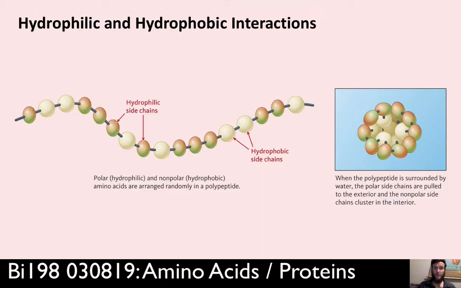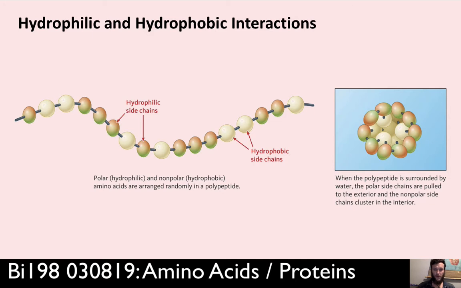Tertiary structure. So the things that enable a protein, which is essentially just a linear chain of amino acids, to fold up into the correct tertiary structure are interactions that are either hydrophilic or hydrophobic between the various amino acids.